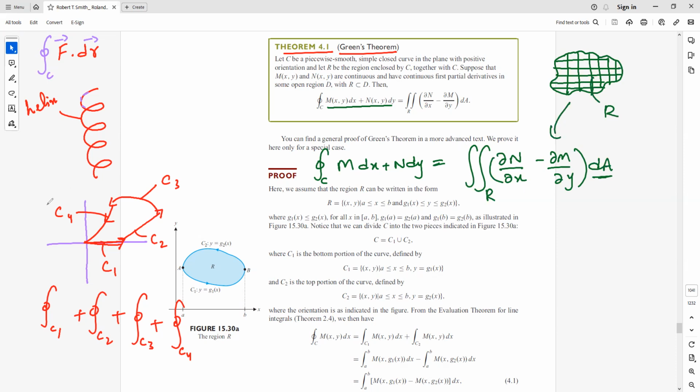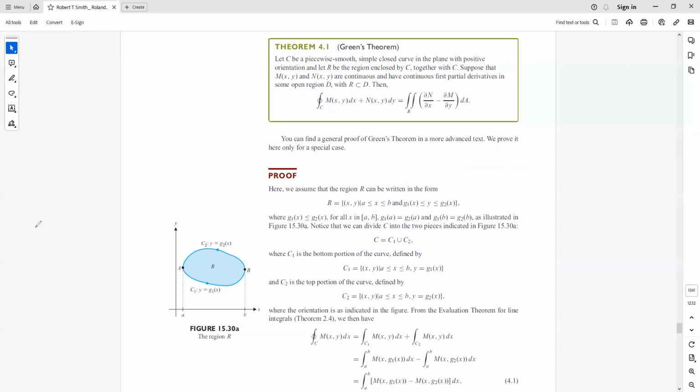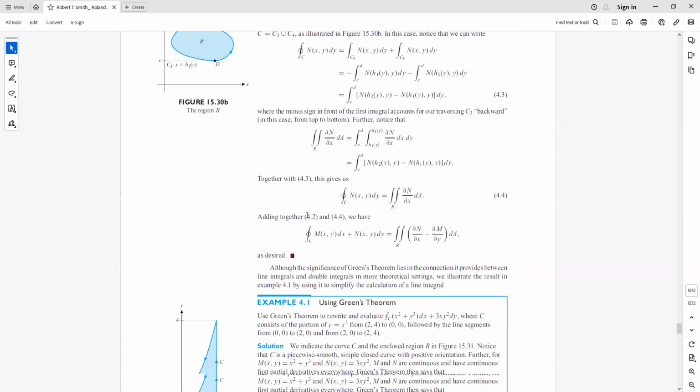So we can say that this is, for instance, a small region. Let's say this is dA, and this is the partial derivative of the force field. That is the difference, which shows that this is the curl, that is del cross F, right? So now let us take some examples and see how it works.